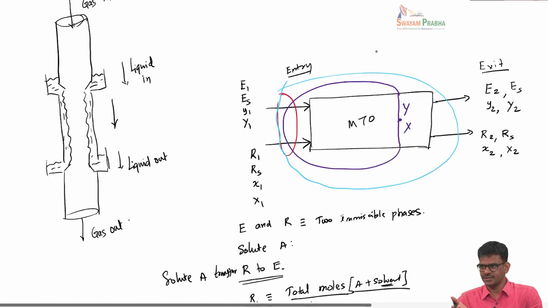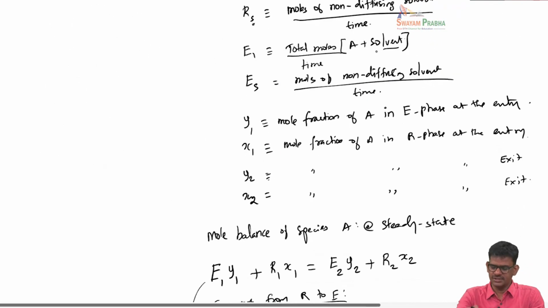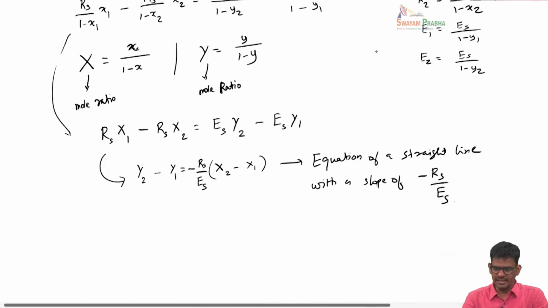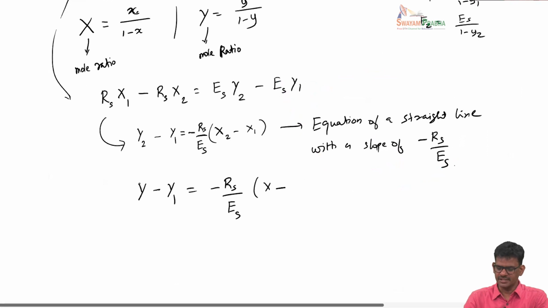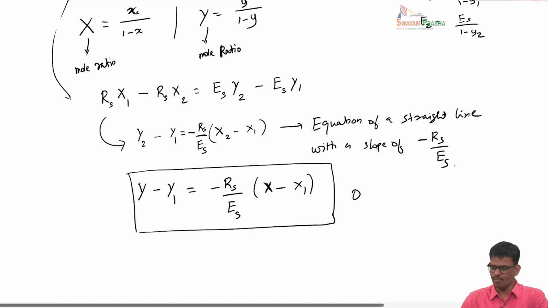Es anyway is constant at any point. So if I do this at any point in the equipment, it would be y minus y1 is equal to minus Rs by Es into x minus x1. Okay, so this is what is called the operating line.